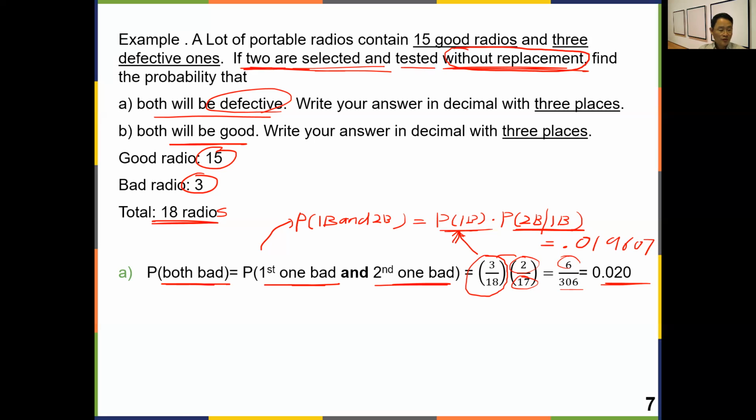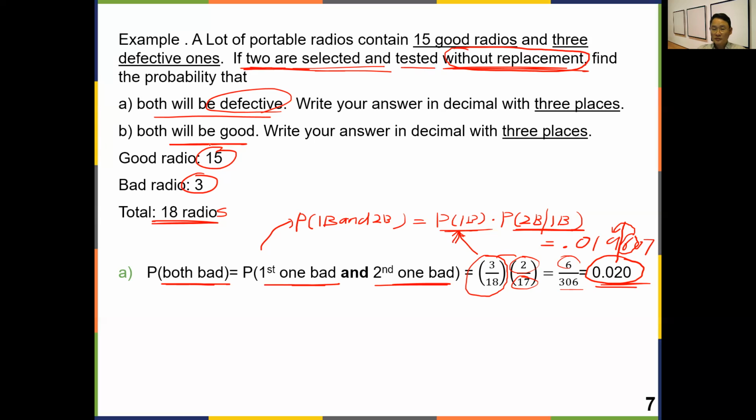Now, when they say 3 decimal places, that means they cut it right here. Look at this number. That's bigger than 5, right? 5 or bigger, that'll add 1 to this number. But that's already 9, so that turns out to be 0.020, right? That's our final answer right there.